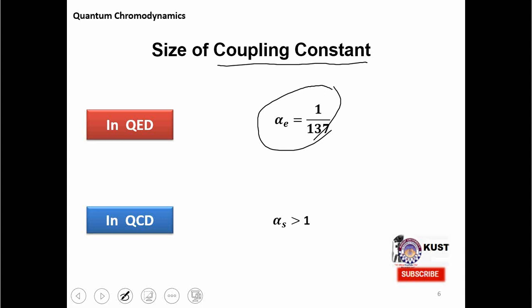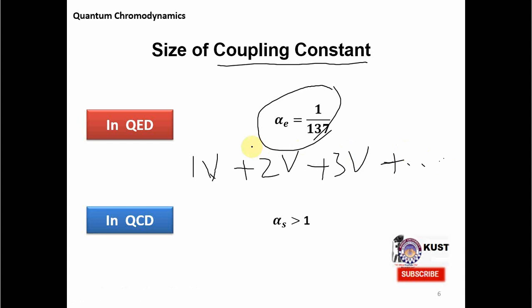For example, we construct one vertex diagrams, and then all sorts of them for any process, and then we have two vertex diagrams, and then three vertex diagrams, and so on. So this goes on. Now the thing is that every vertex gives rise to some kind of number, for example this one coming from the alpha E.